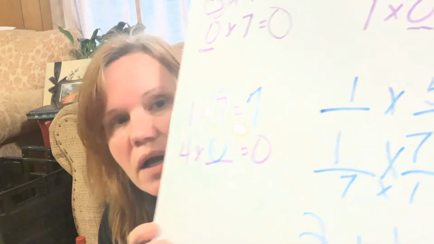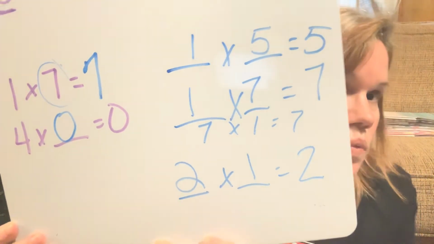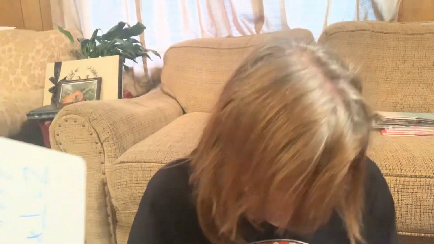What times what equals 2? All right, I said 2 times 1 equals 2, or you could have said 1 times 2 equals 2, right? Now what about the last? What times what equals 1? That's correct. 1 times 1 equals 1.